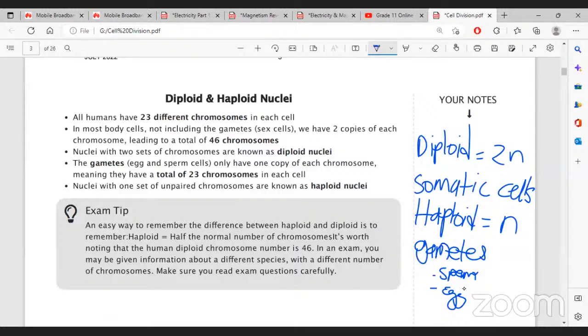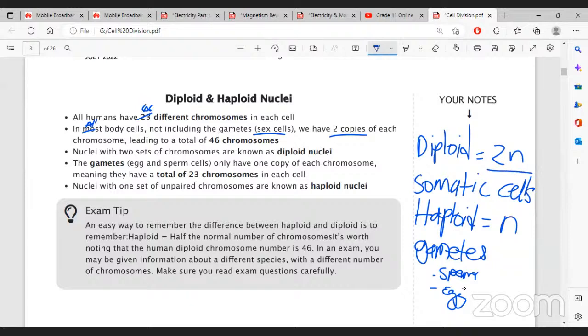So all humans have 23 different chromosomes in each cell. Okay, this is a bit wrong. It's supposed to be 46, in most body cells, not including gametes. Okay, guys, can you pay attention? In all body cells, except the gametes, that is the sex cells, we have 2 copies.